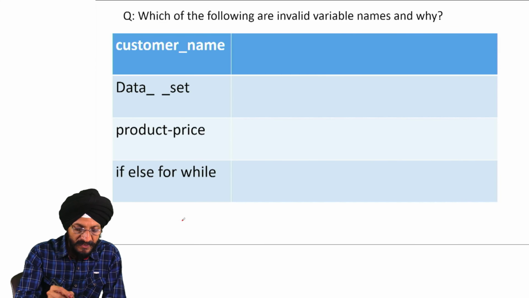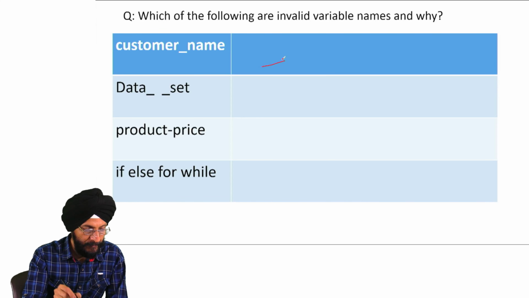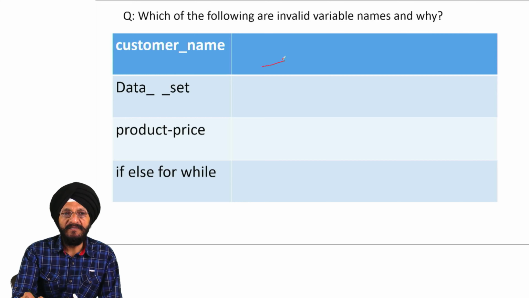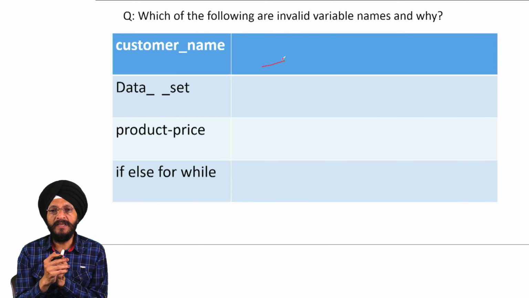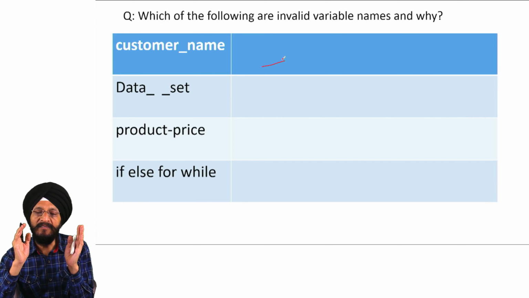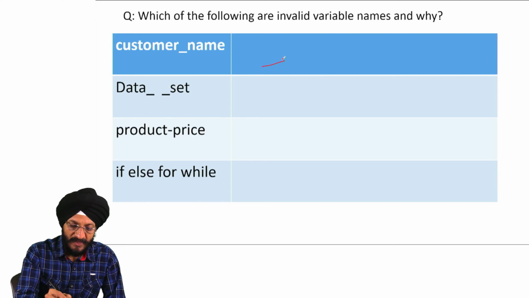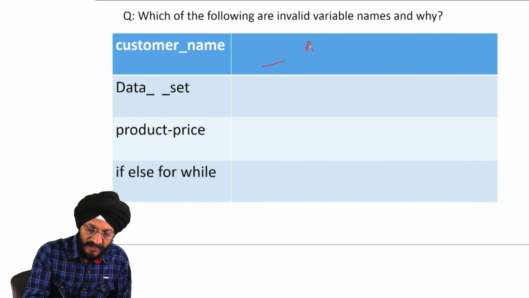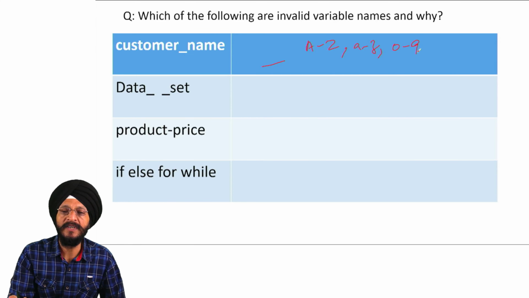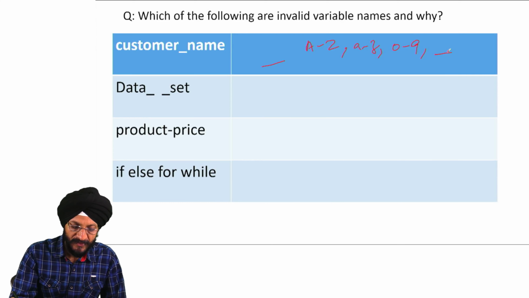Next is customer_name. It is a valid variable name. As per the variable naming convention, we can have the variable name where the letters are in capital letters or in small letters, or we can make use of digits 0 to 9, or we can make use of underscore.